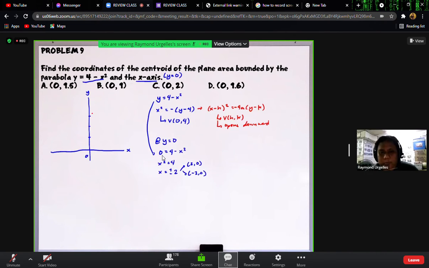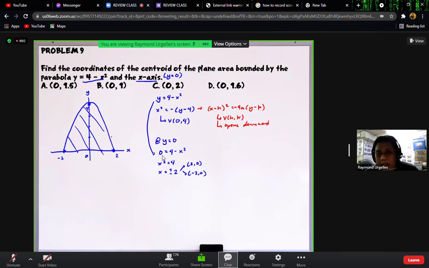So pag ginraph natin yan, ganito lang yung shape niya. So x-axis, y-axis, origin. Let's say this is 4 units. So this is 2 units, this is 2 units as well. Then we have a point at 0, 4. That's the vertex. Negative 2, 0, saka 2, 0. So you will get this parabola here.